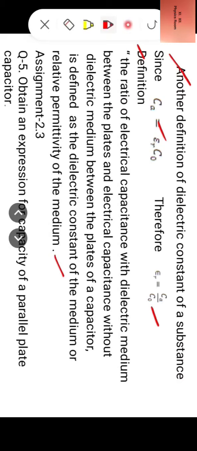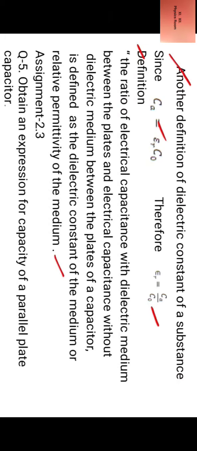Then we had epsilon R is equal to E naught by E A, and now we have epsilon R is equal to Ca by C naught. Okay, so remember 4 alternative definitions of dielectric constant. Sometimes they may ask in any term, so you are to answer according to the term they have quoted.